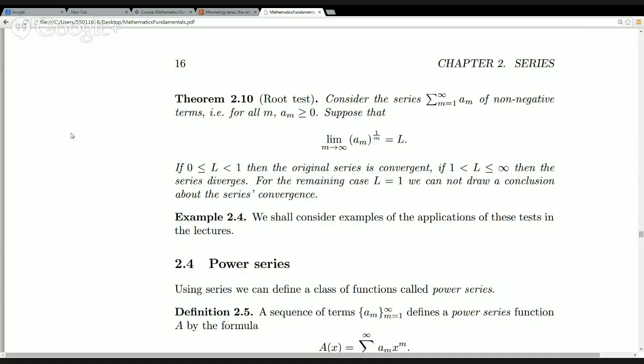Okay. Let's look at another example. Here we're going to examine this series. Well, this kind of screams out what to do with it, because you've got this -1 factor to the power, in this case, n plus 1.